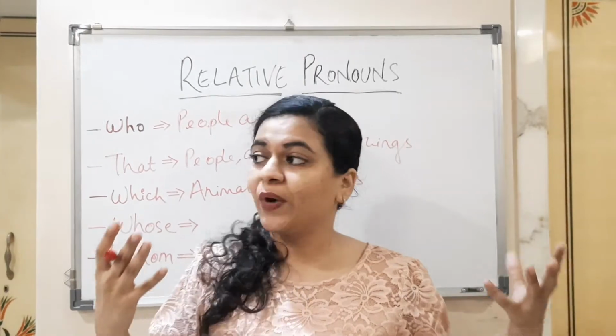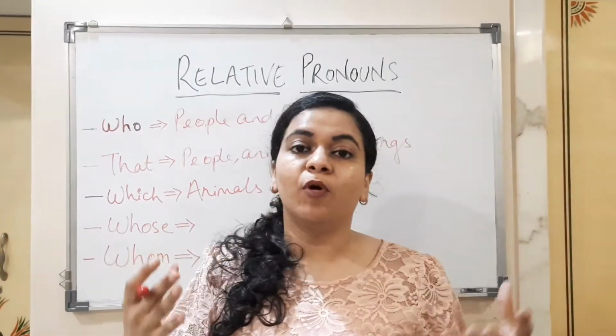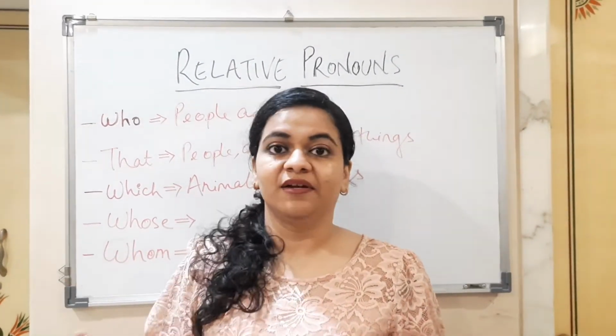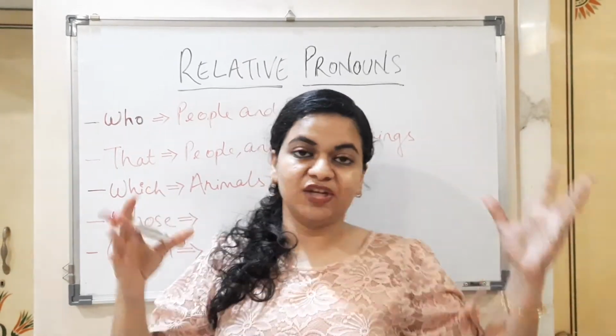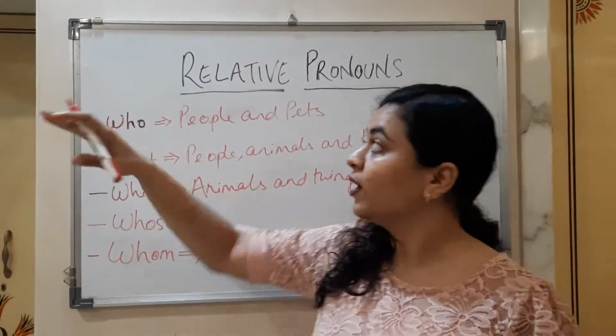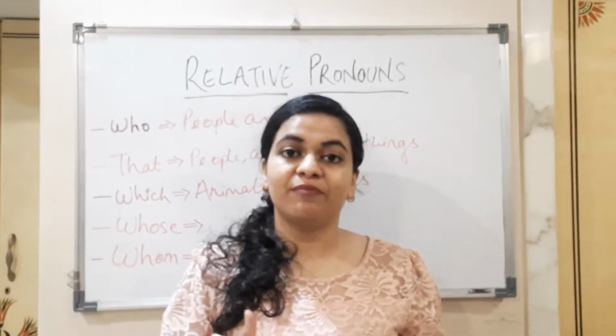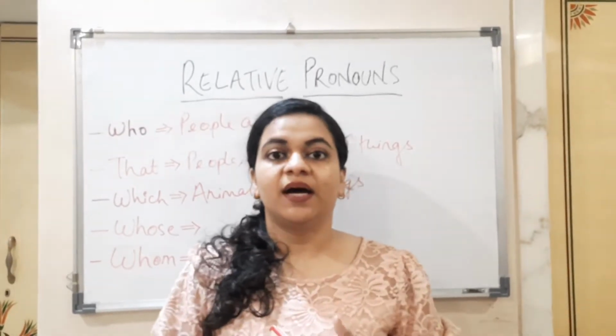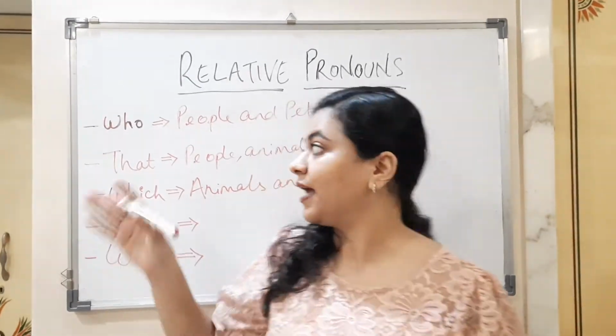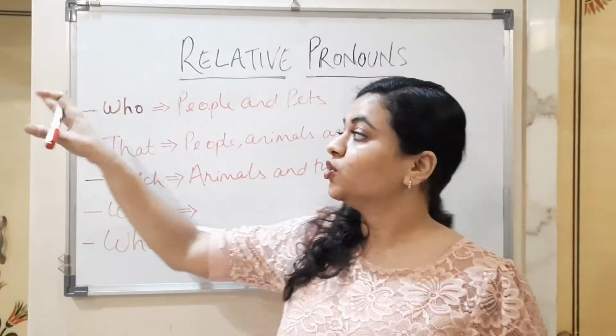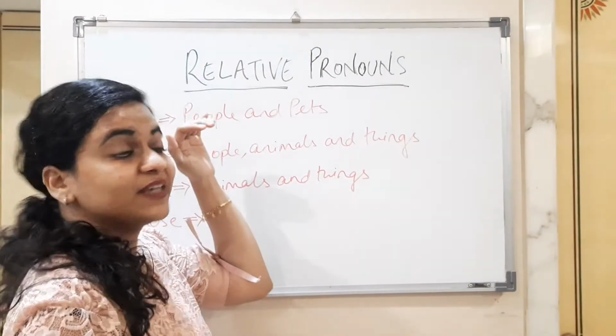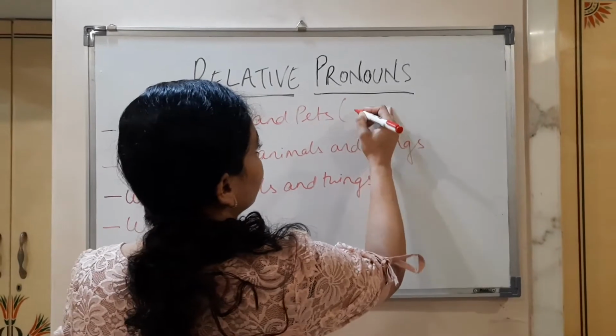These people went to the crowd who, upon seeing a lion, got scared. So I'm talking about people in general and I'm still using who. And I gave the example previously about Seema. Now Seema is one particular person and I again used who for her. So who is both defining as well as non-defining.